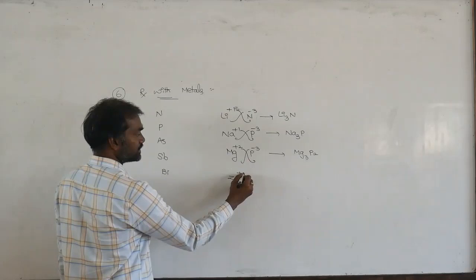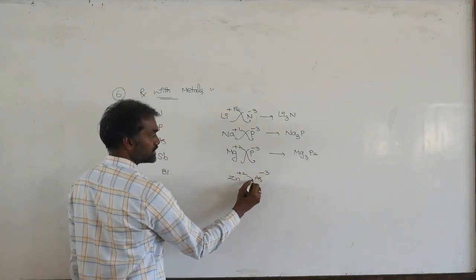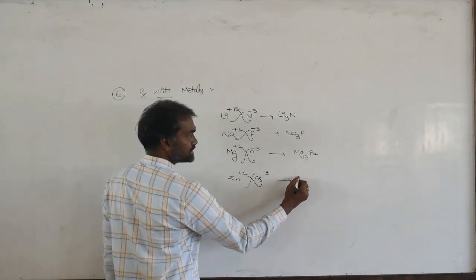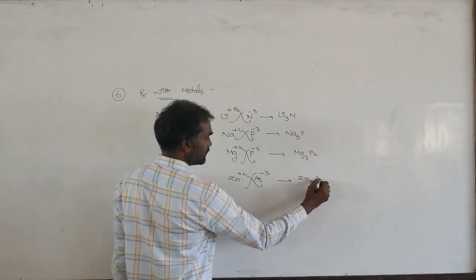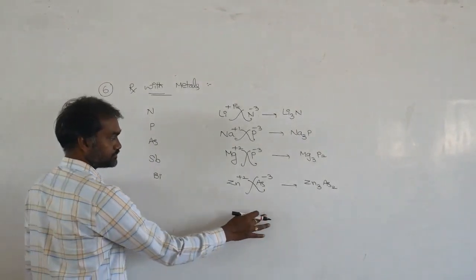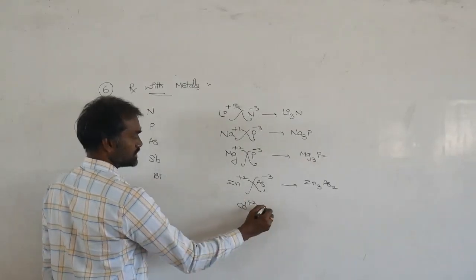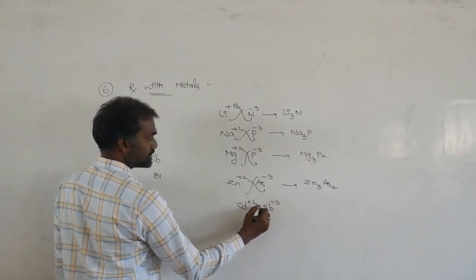Suppose you take zinc. Zinc +2, arsenic As -3. So zinc arsenide you will get. Suppose antimony, cadmium +2, antimony you take -3.